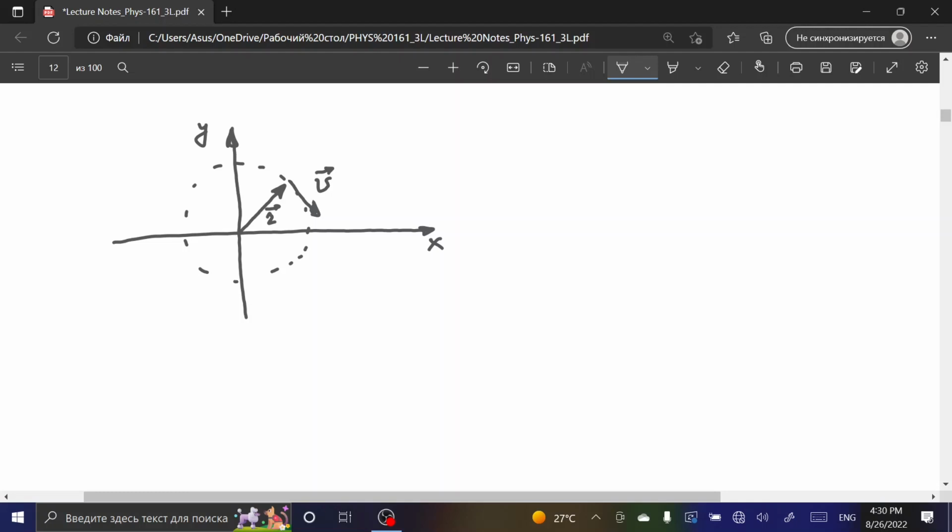We discussed this already several times. Any suggestions? Maybe we recall our old good friends, unit vectors i and j, which are oriented along axes x and y. We split our vector in two parts.